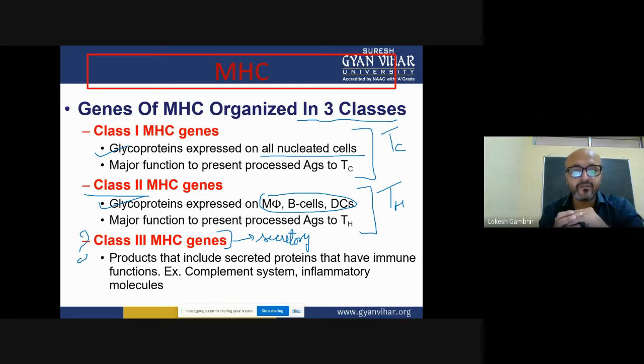The third class of MHC gene is a secretory gene; it is secreted out of the cell. Once these proteins are secreted out, they perform different functions in the complement pathway and in inflammatory reactions. They are mediating the effect of the immune system. That is the reason why we have not talked about this class till now.